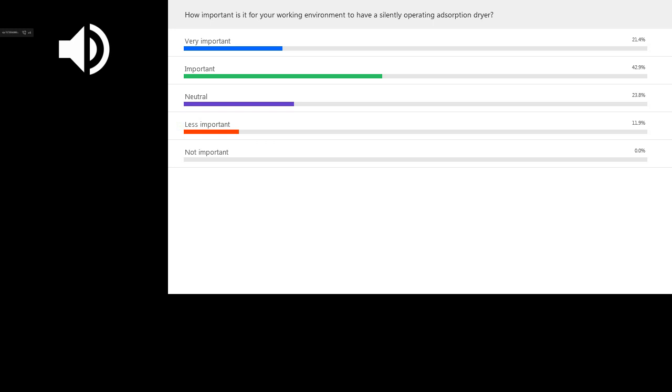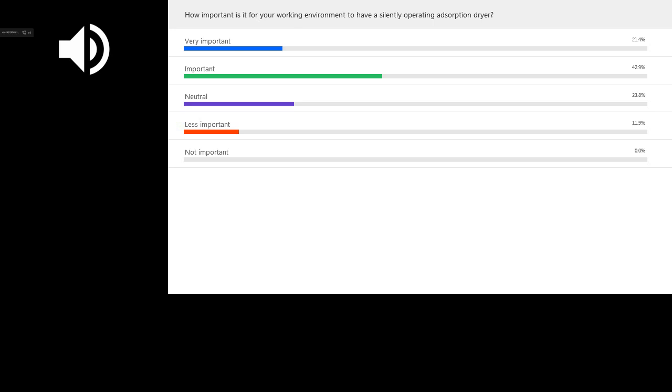Yes, I must say I find that interesting. I thought it would even be very important, especially in this application. But it's not only important for, let's say, a hospital application. If you are looking into a lab environment where people are working directly in the environment of an adsorption dryer, that might be much more important than having that in the compressor room.